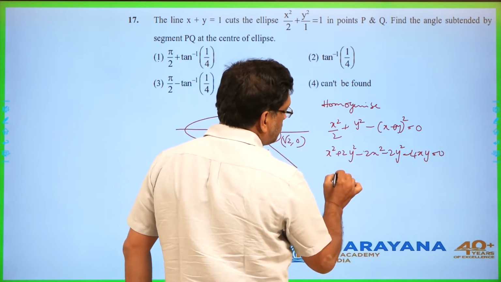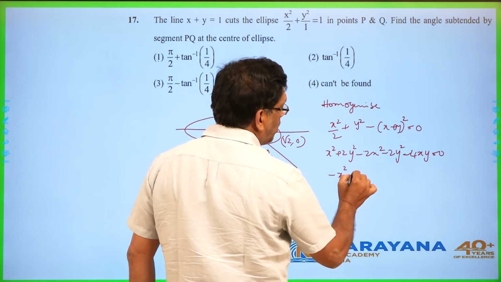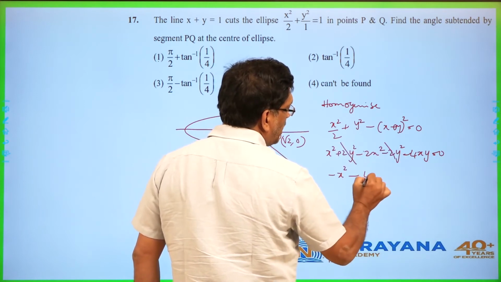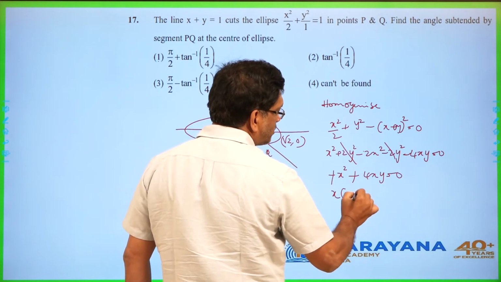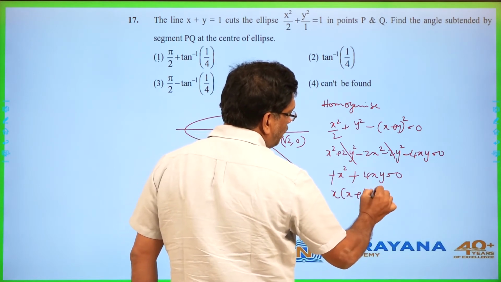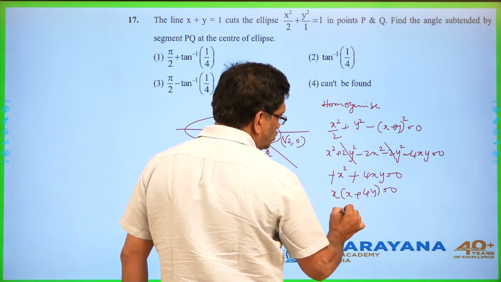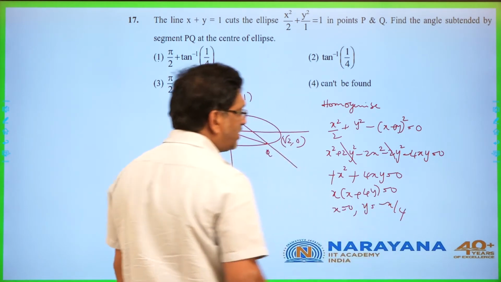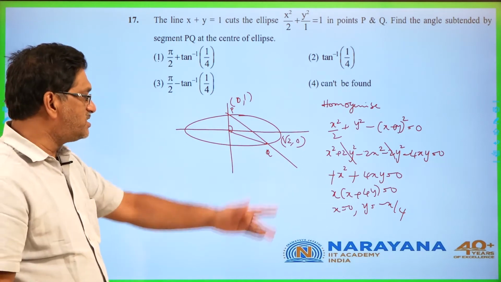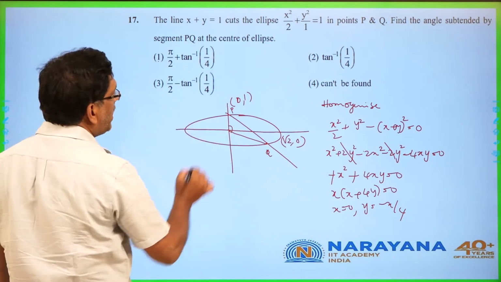Then this is nothing but minus x square, cancel, minus 4xy equal to 0. x of x plus 4y equal to 0. x equals 0 or y equals to minus x by 4. That is this line. x equals 0 is y-axis.